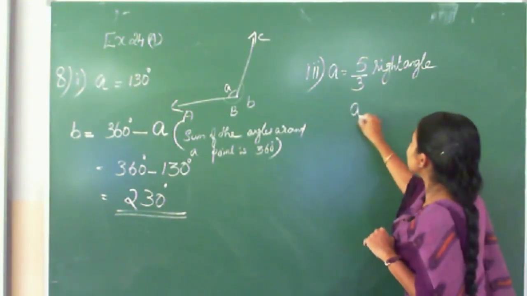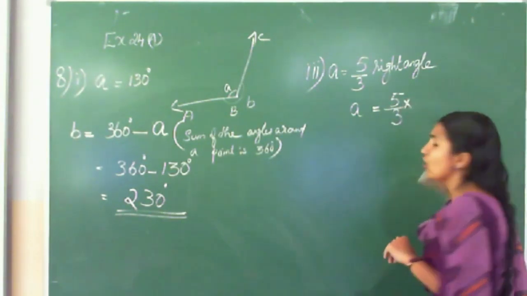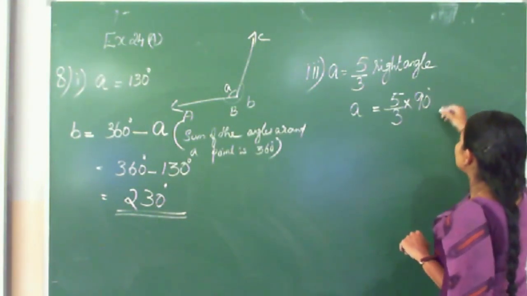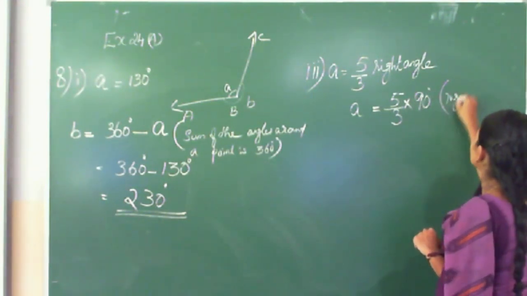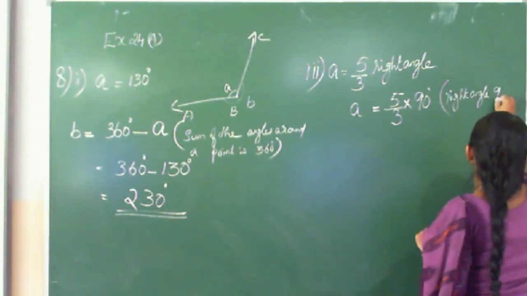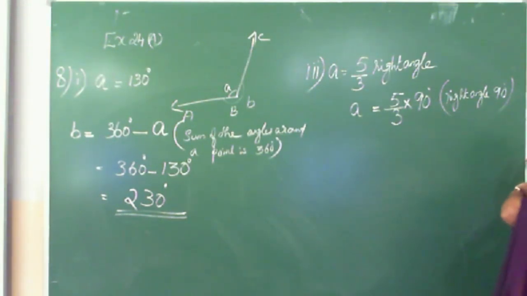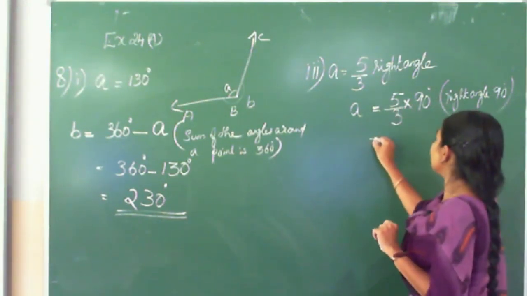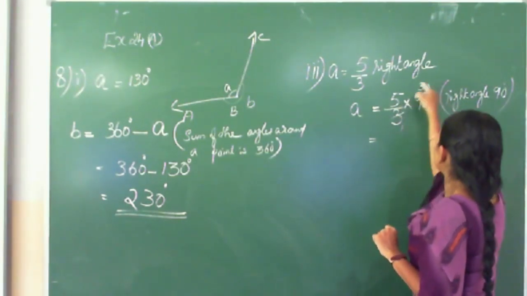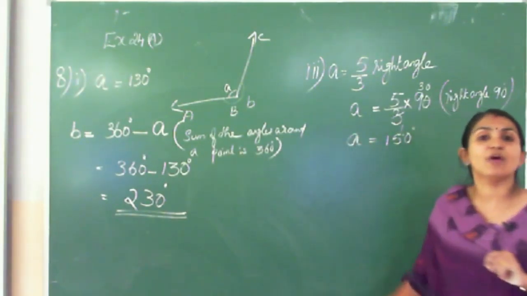So A is equal to 5 by 3 into, of means into, right angle, what is the degree? 90 degree. Now just find out this A. 3 in 90, how many times? 30. 5 3s are 150. So we got A as 150 degree.